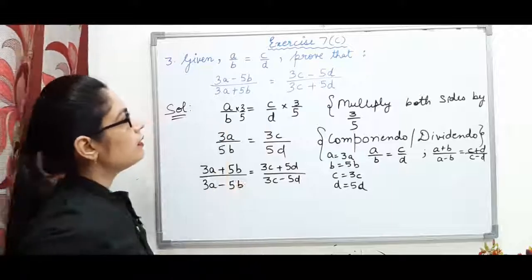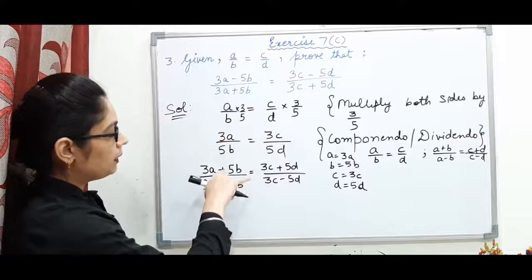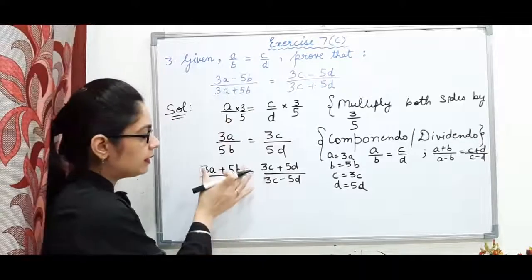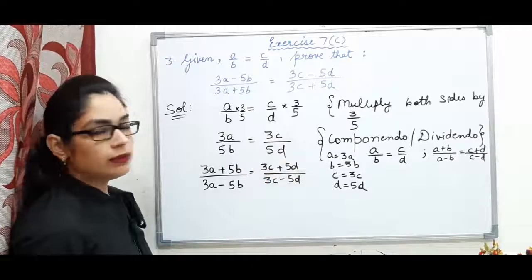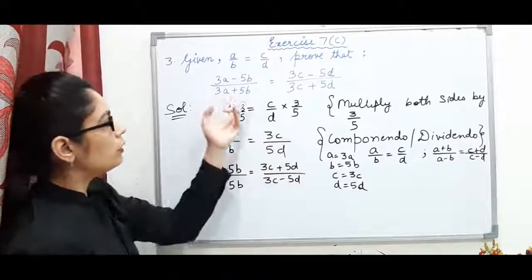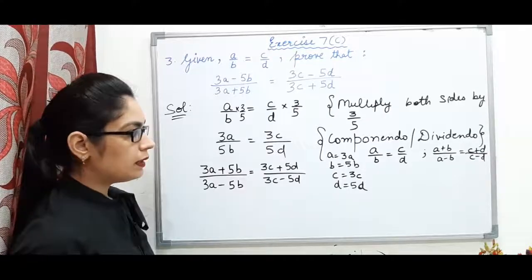Now let's again see what we have to prove. We have to prove 3a - 5b over 3a + 5b. But here the terms which are getting added are in the numerator, but I want these terms in the denominator. It is similar, but the terms which I require in the numerator are in the denominator, and the terms which I want in the denominator are in the numerator. So again one property we have to apply.